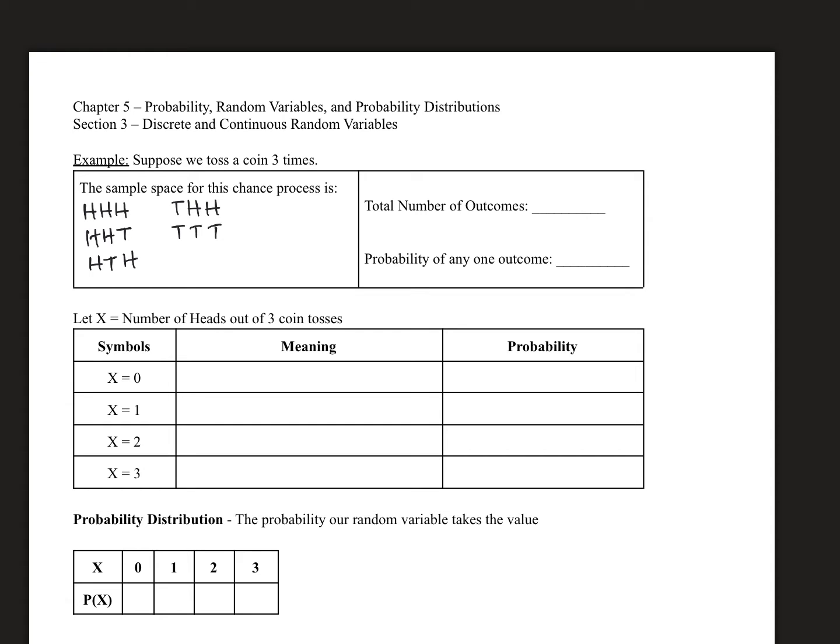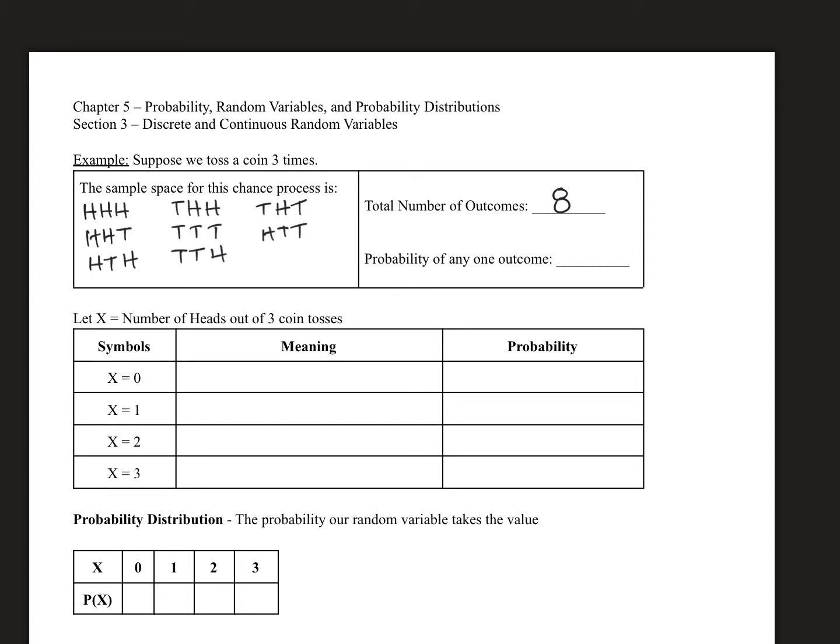Tails, tails, tails. Tails, tails, heads. Tails, heads, tails, and lastly, heads, tails, tails. So there are 8 outcomes for flipping a coin 3 times.